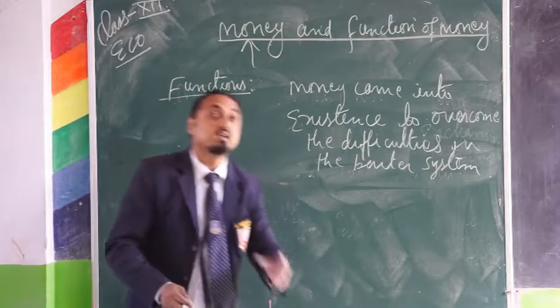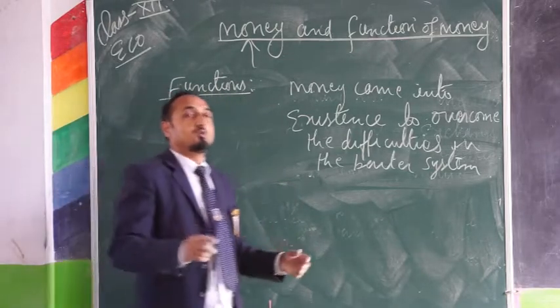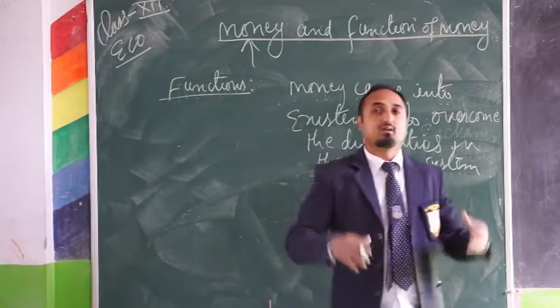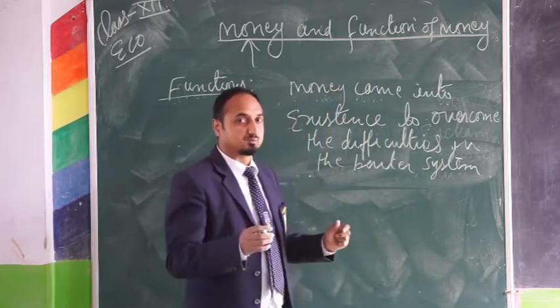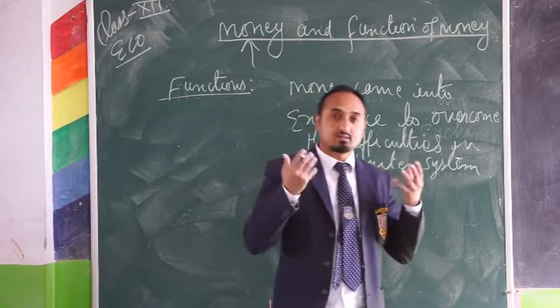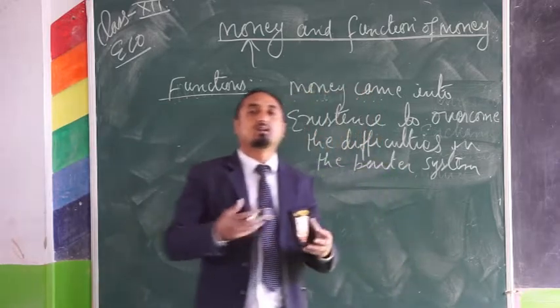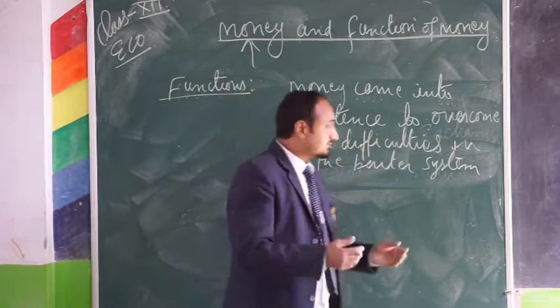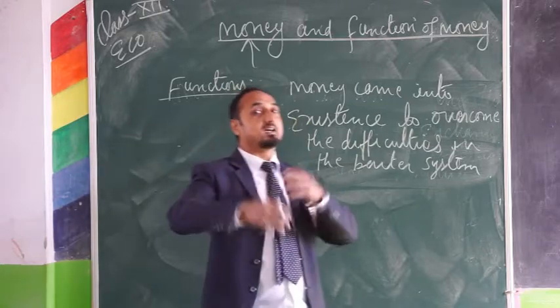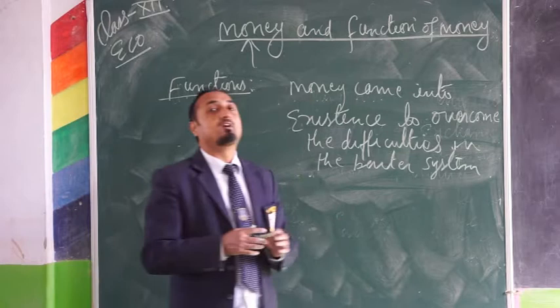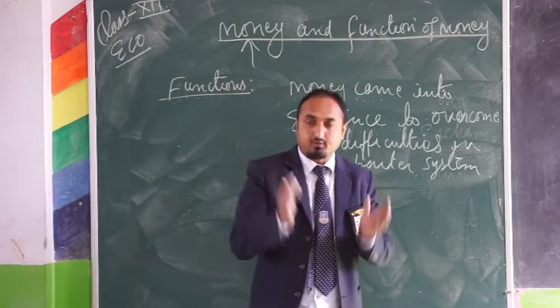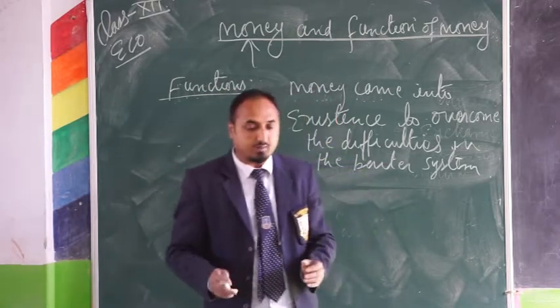Money has an important role in overcoming the shortcomings and difficulties that arose in the barter system. In order to make our transactions convenient and easier, money has been introduced.